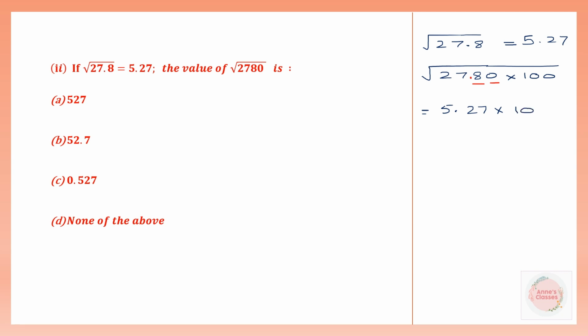Now multiply 5.27 into 10. When you multiply, the point will move to the right by one place because there's 1 0. So the point will move after 2. So what do we get here? We get 52.7. So this is our answer, and which option is that? It is option B, 52.7.